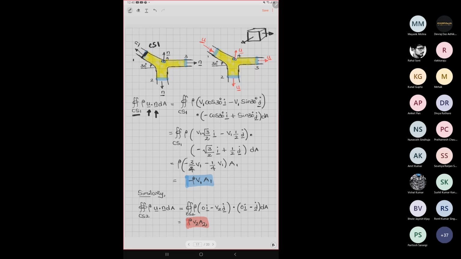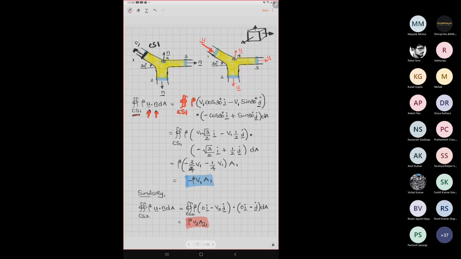So the normal vector for this surface is this one. Velocity is entering into the system in this direction, so U is in that direction. So on control surface CS1, U I already know, N I already know. Let us evaluate. So the evaluation is the surface integral on CS1.